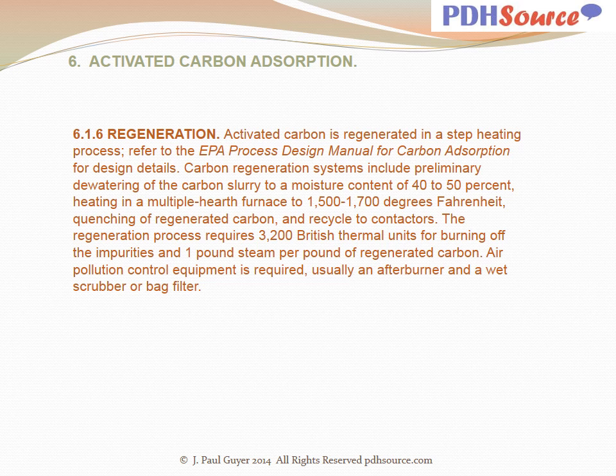The regeneration process requires 3,200 British thermal units, BTUs, for burning off the impurities and 1 pound of steam per pound of regenerated carbon. Air pollution control equipment is required, usually an afterburner and a wet scrubber or bag filter.